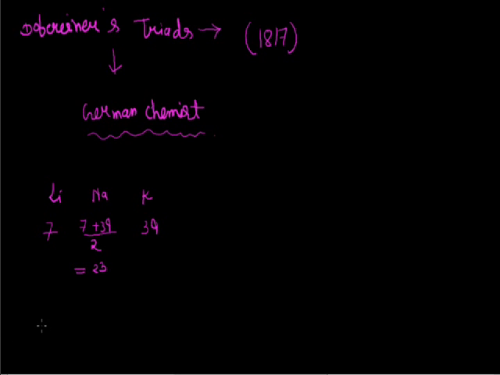Similarly, the second triad, that is chlorine, bromine, iodine. The atomic mass of chlorine is 35.5 and iodine is 127. So the atomic mass of bromine is 35.5 plus 127 divided by 2, which equals 81.25. It means the properties of bromine are between chlorine and iodine.